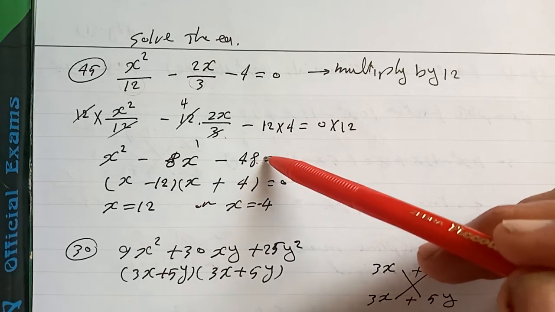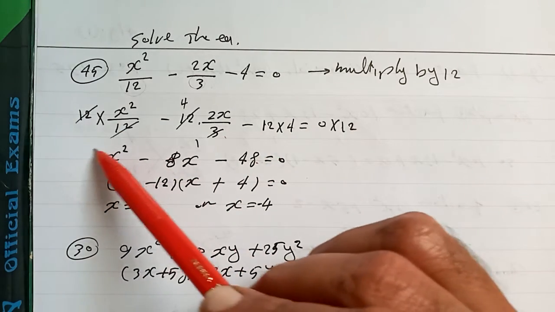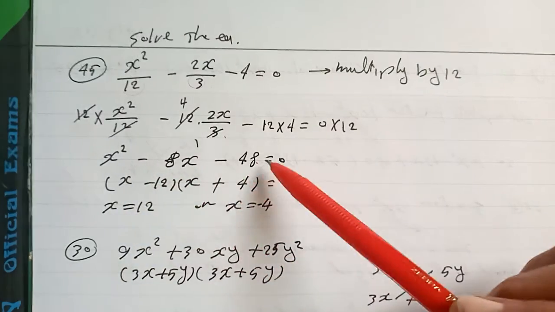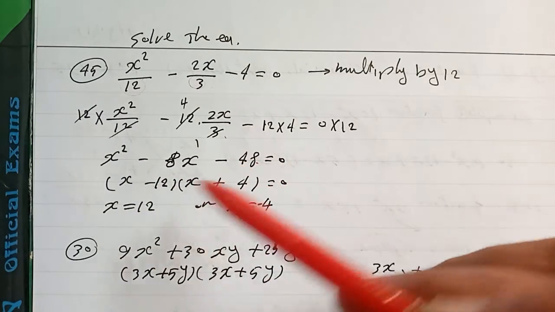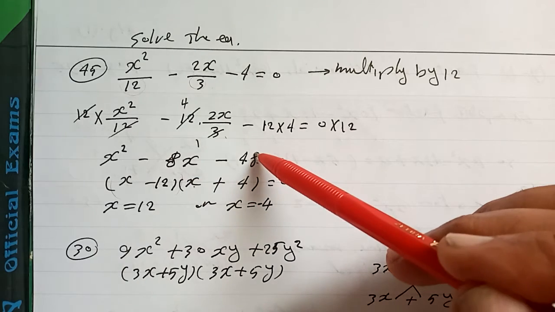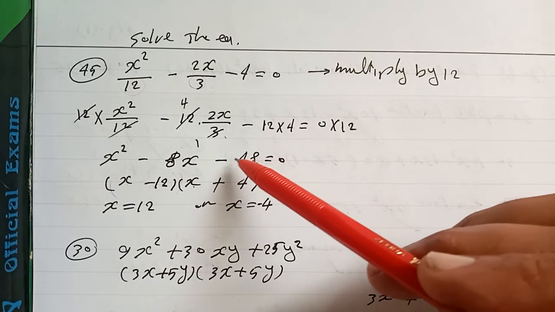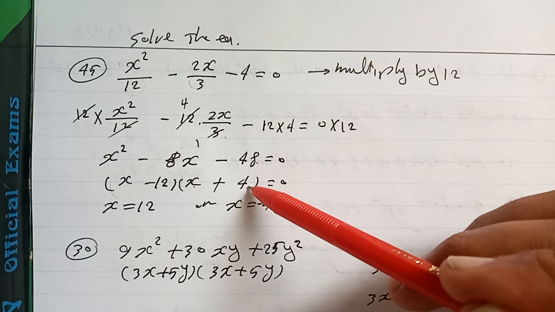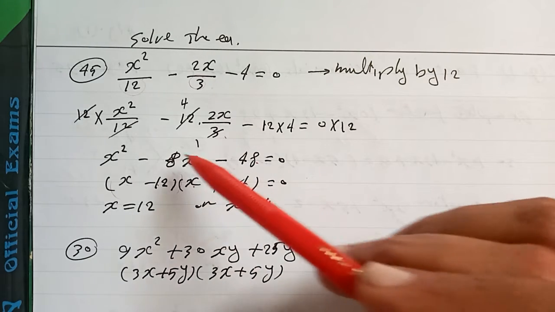Now it's a normal equation. You don't have any number before the x squared. So this refers to the first lesson of factorization. Just make two brackets. x squared is x times x. 48, what are the two numbers? Their difference is 8. It's 12 times 4. Because 12 times 4 is 48, the difference is 8.